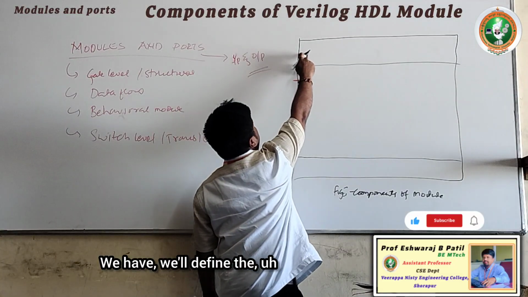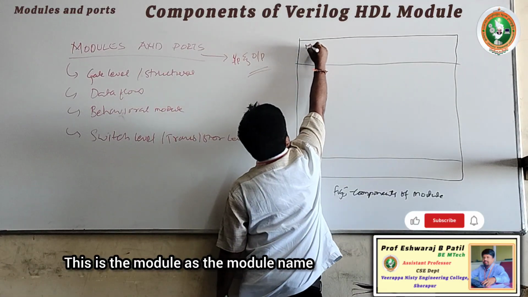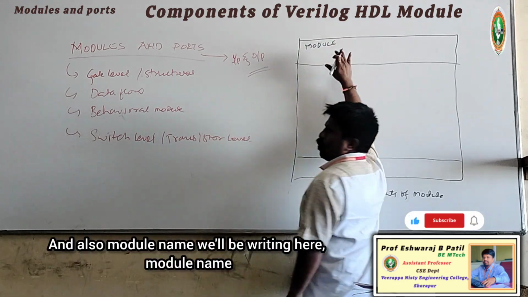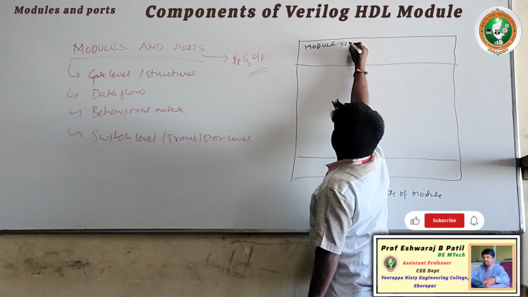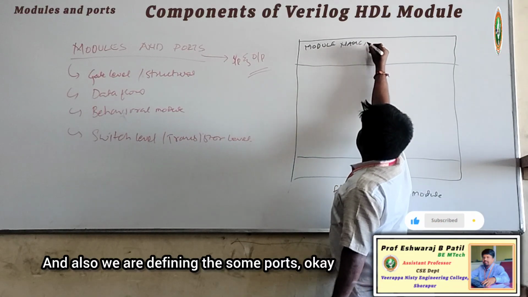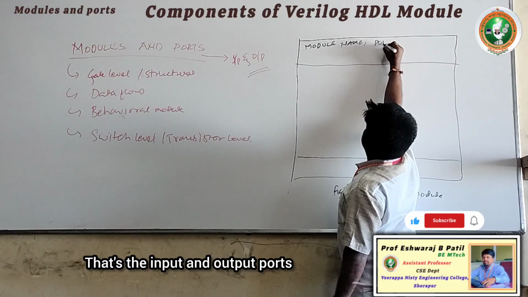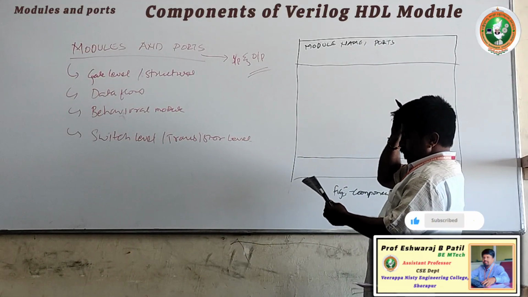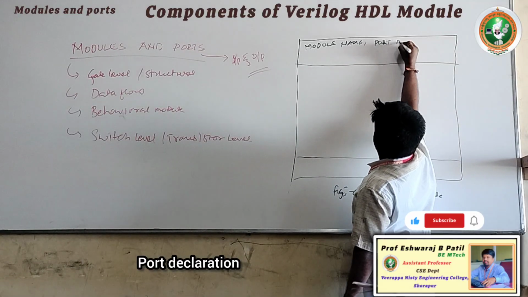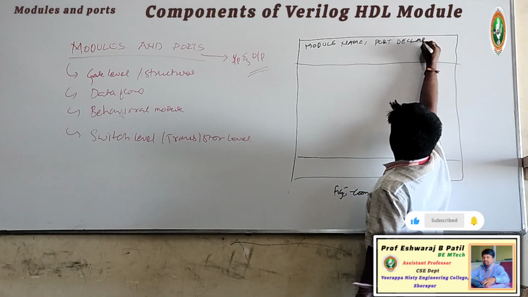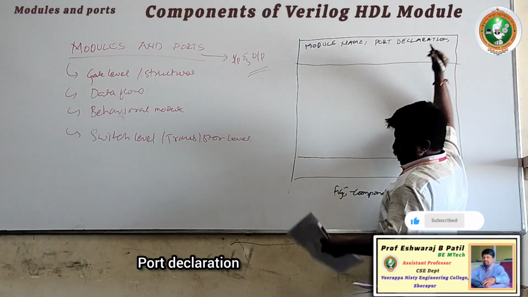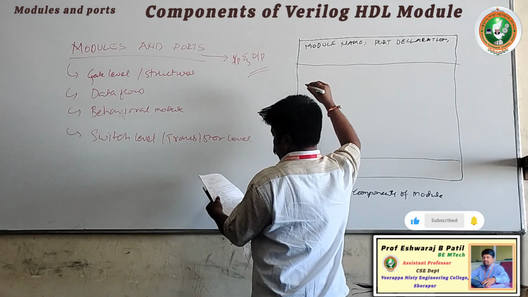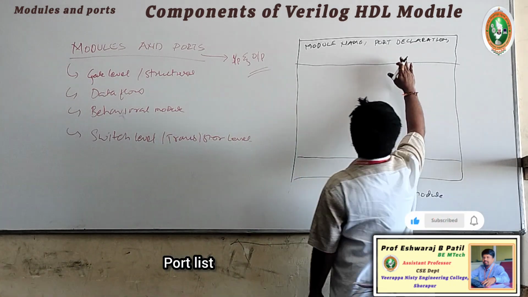Here we will define this is the body. This is the module, with the module name. I am writing the keyword module in caps, and the module name will be written here. And also we are defining some ports, that is, the input and output ports. Port declarations. And we also have the port list.